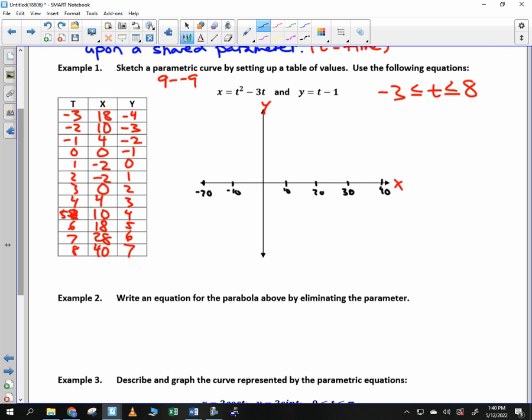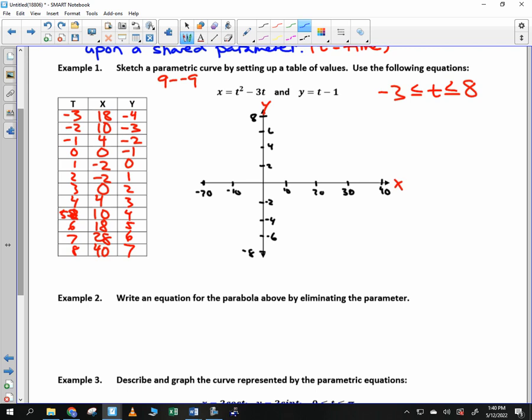So I'll go all the way up to 8 here. Any questions how I've produced my graph?